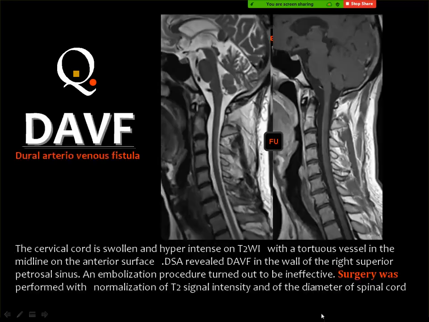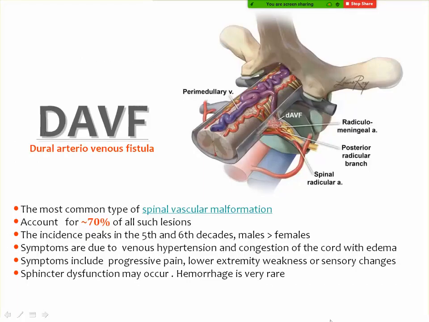Then this patient, they failed to close the fistula by intervention. Then surgery was performed, and this is the follow-up after surgery with complete regression of the cord to normal, meaning that the lesion in the cord was just edema, not an ischemia.